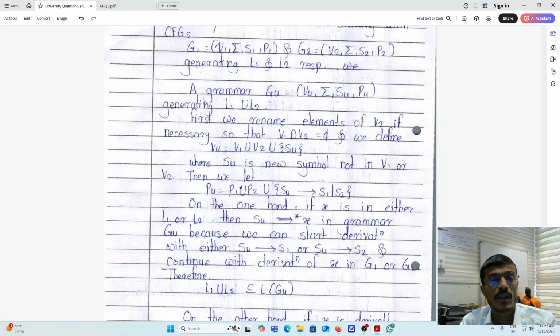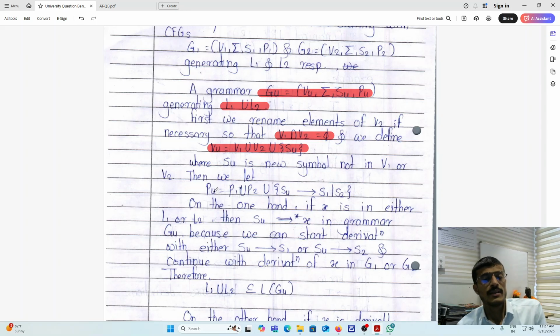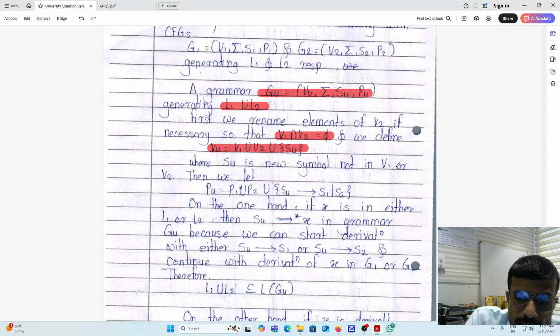And then for the union, you will take here GU equals VU, Sigma, SU, PU, and it will generate L1 union L2. In that case, VU will be V1 union V2 union SU, and most importantly V1 intersection V2 will be phi. Then Sigma will be as it is, no issue.